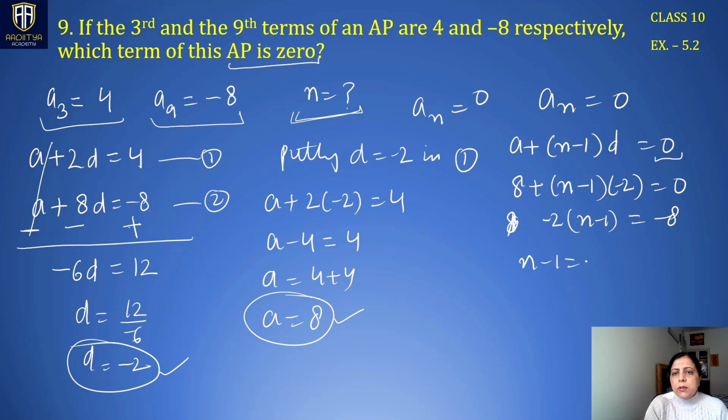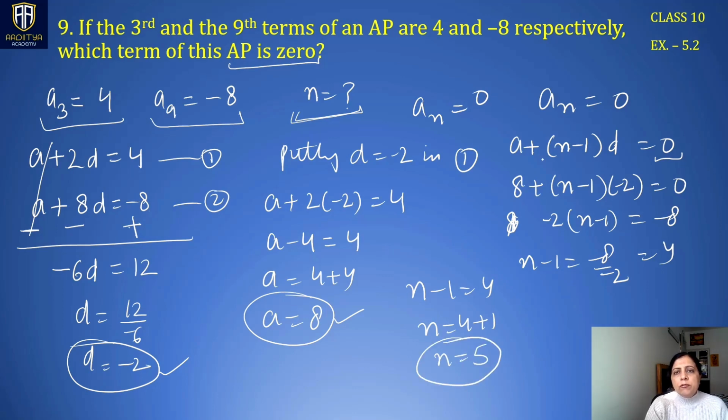So n minus 1 becomes -8 by -2, which is 4. So n becomes 4 plus 1, n is 5. That means the fifth term of this sequence will be 0. You were asked to find the number of terms, so the answer is n is equal to 5.